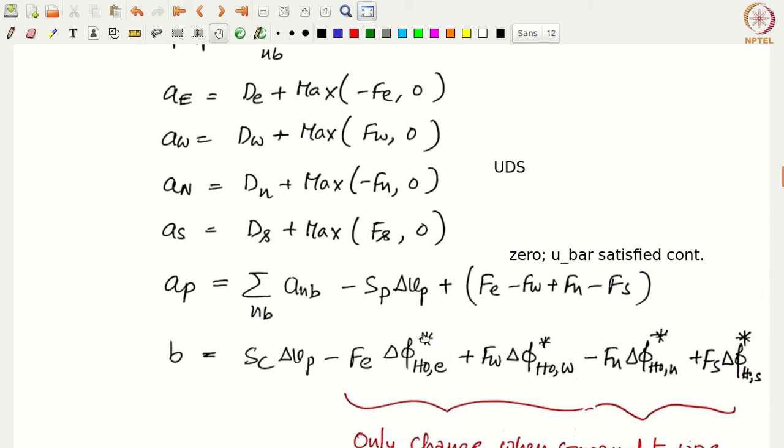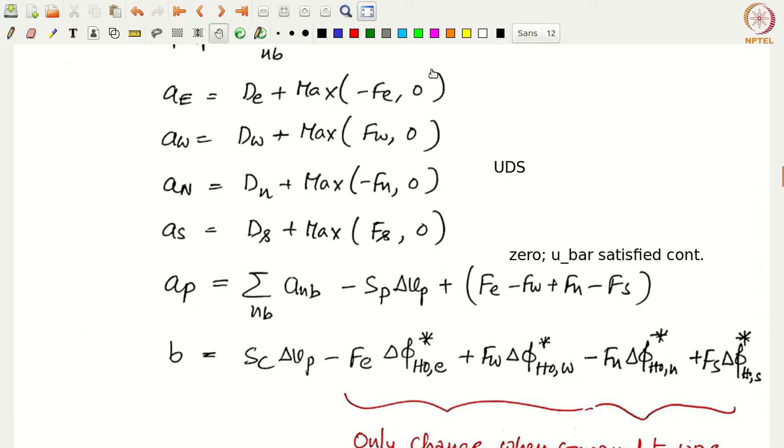Now, why is there a minus here? There is a minus because your term is basically F_e times phi_P. Because F_e is positive, the contribution will go into A_P as F_e times phi_P, but this is being sent to the other side, so you have a minus F_e delta phi higher order.